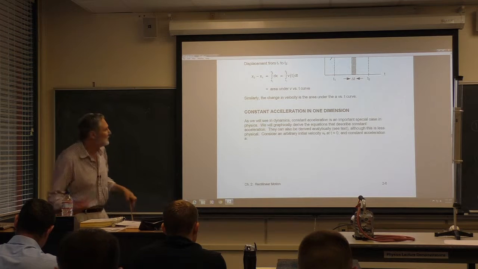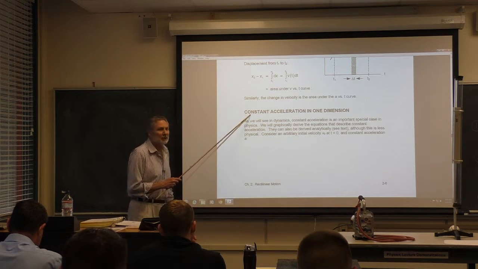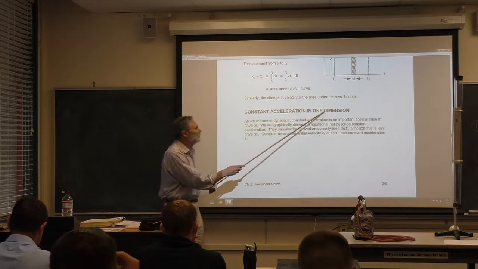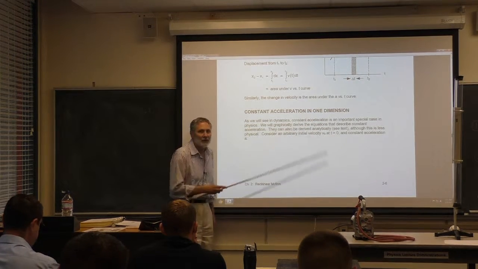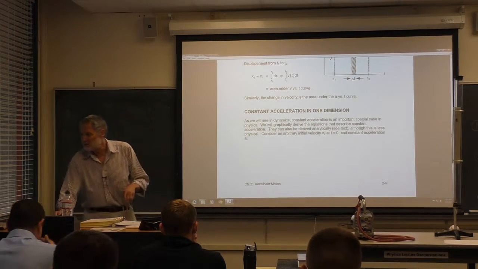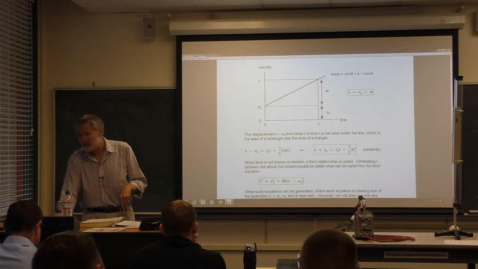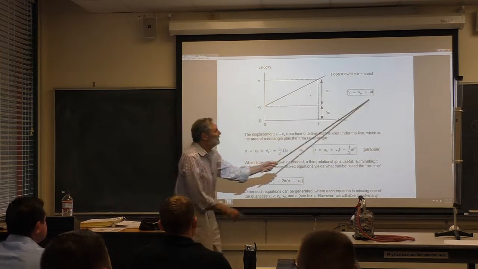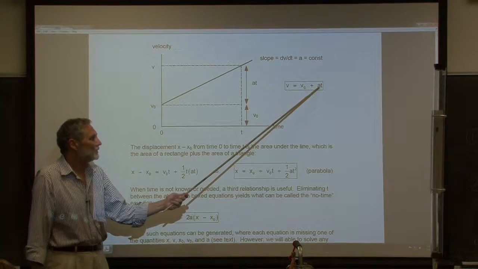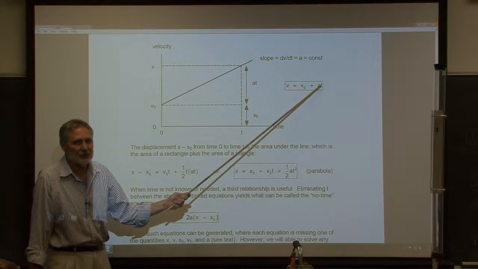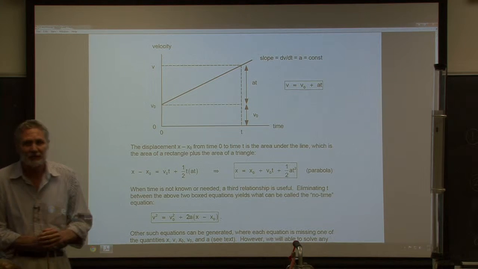Okay, so we've set the stage now for constant acceleration in one dimension, or rectilinearly. We've got these equations. They only apply for constant acceleration. This a has to be a constant. It can't change in time.